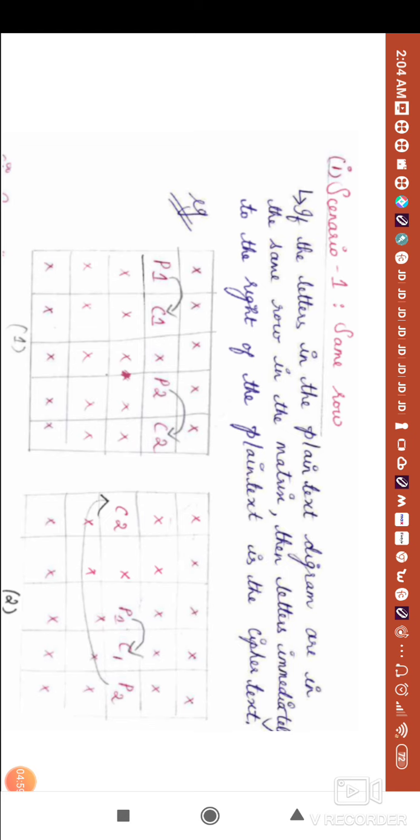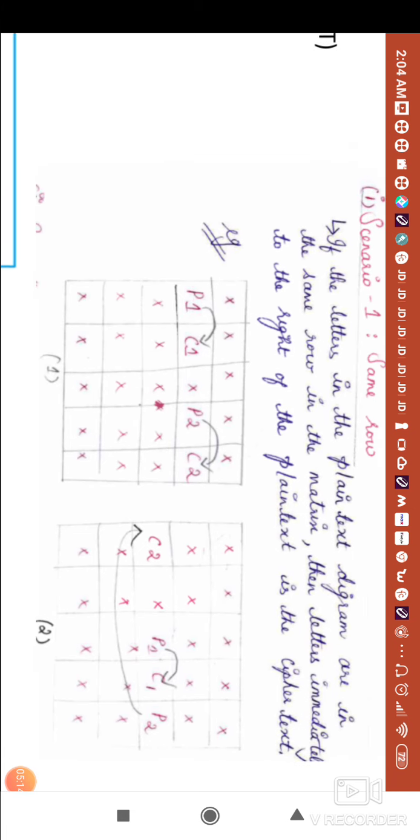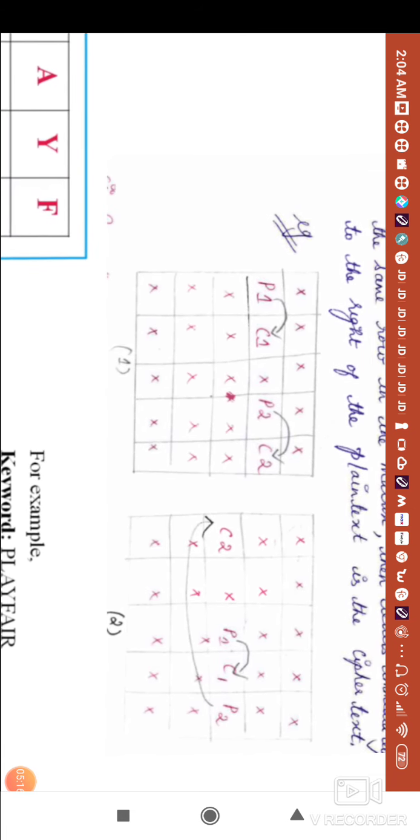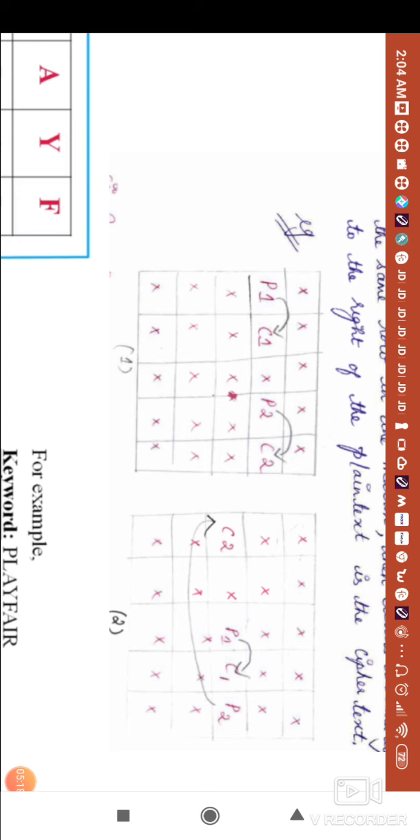Each plain text letter is replaced by its right side letter, and we assume that the last letter in that row circularly follows the first letter. For example, we are encrypting the letters P1 and P2. P1 is replaced by its right side letter C1 and P2 is replaced by its right side letter C2.